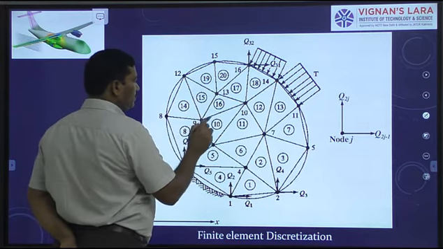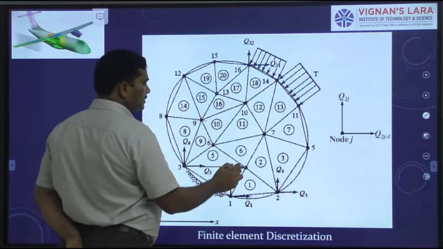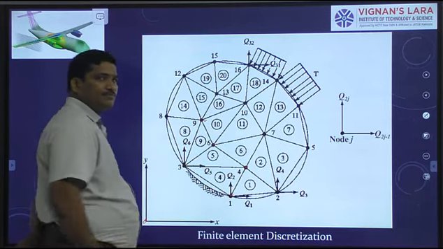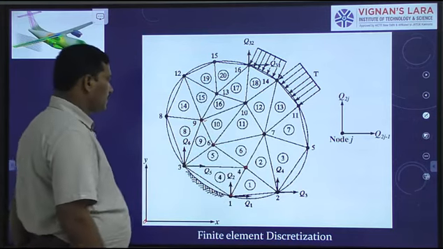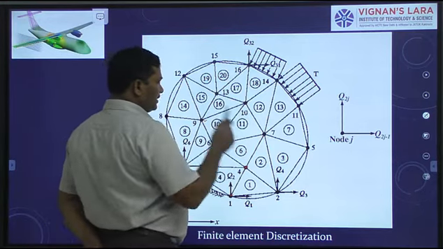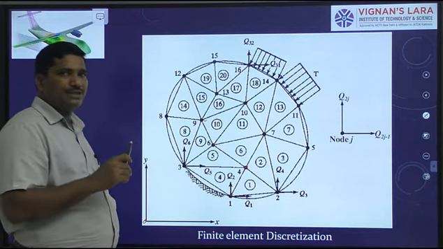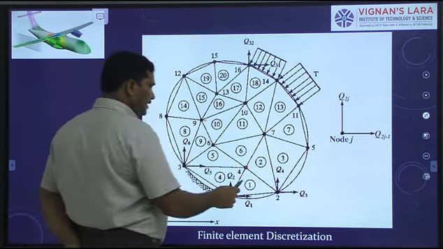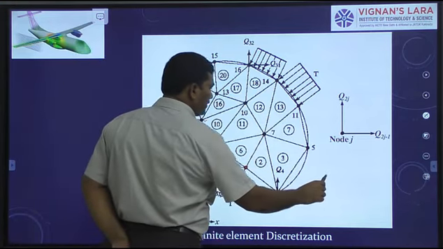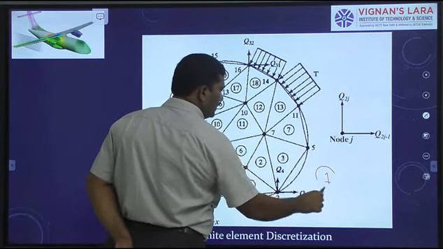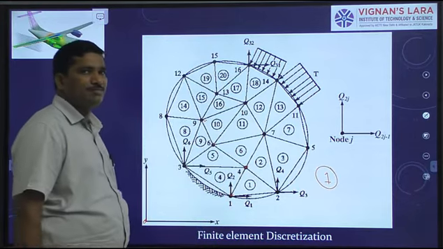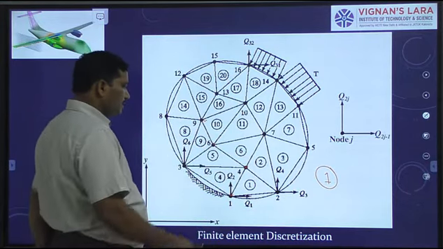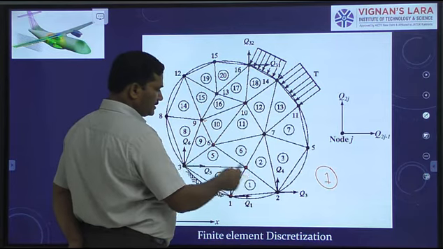This is a node, this is a node. Now, elements are numbered, say 1, 2, 3. They are encircled. If I write a number in a circle, it represents the element number. This is the first element.